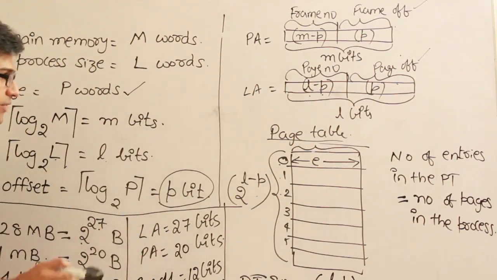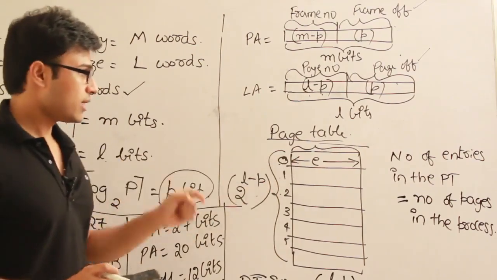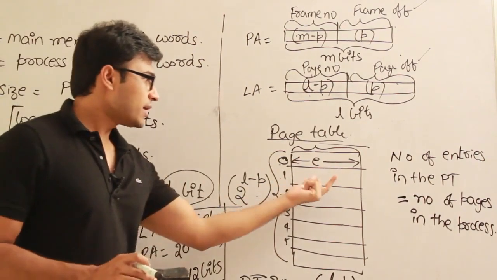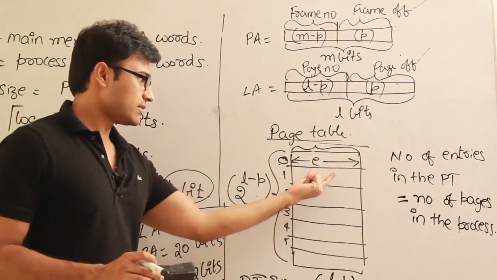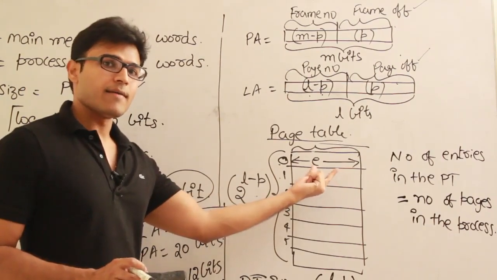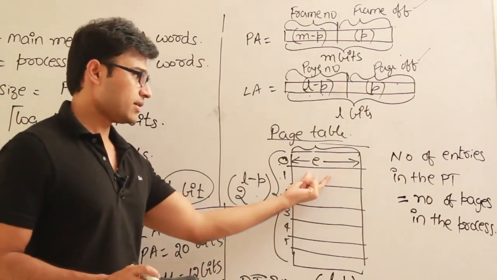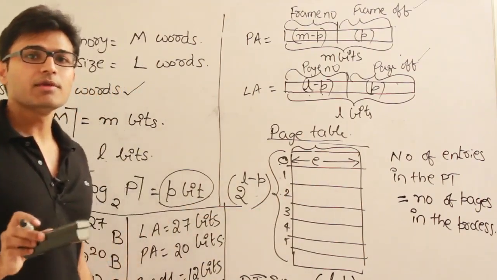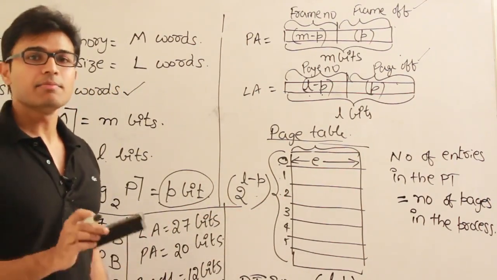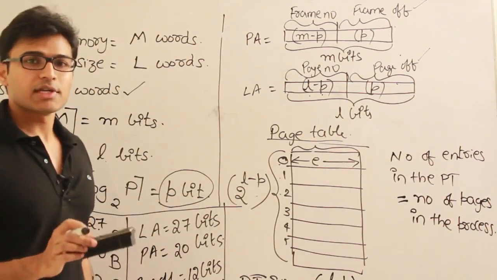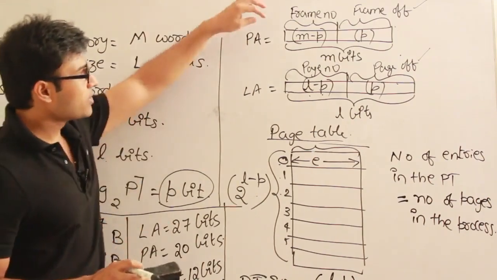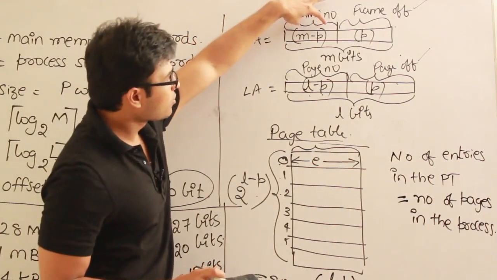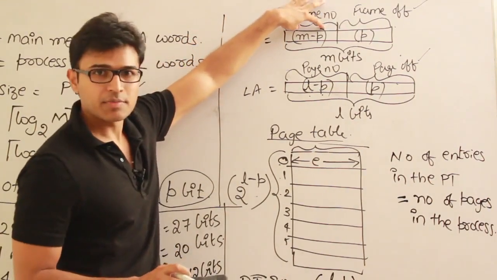Okay, now if they don't give you anything about this, then you can understand that the main entry that has to be present inside the page table entry is the frame number. Then how many bits are required in the entry to represent a frame number? The number of bits required to represent the frame number is m minus p, right?